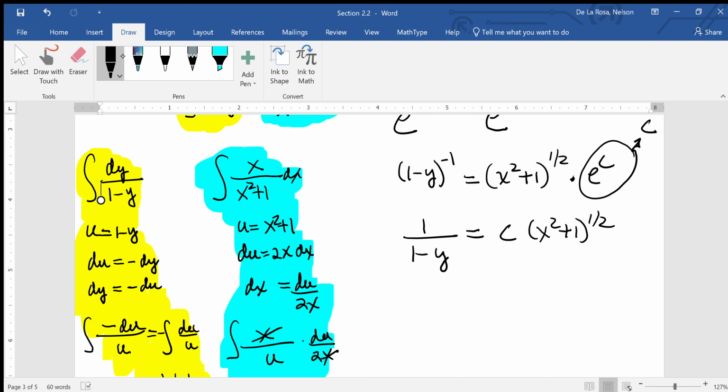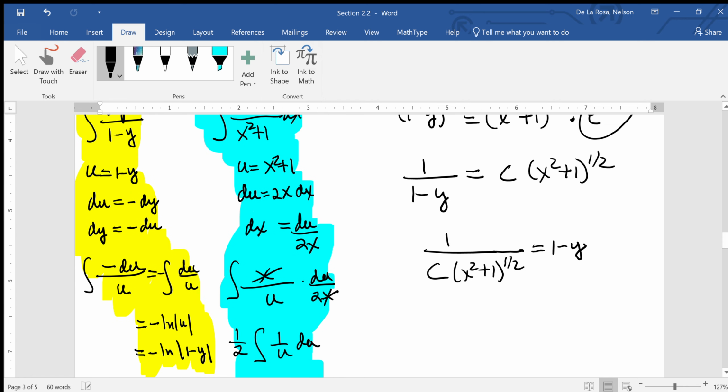Then this expression is equivalent to 1 over c times (x squared plus 1) to the 1/2 equals 1 minus y. Therefore, isolating y, y is equal to 1 minus 1 over c times (x squared plus 1) to the 1/2.